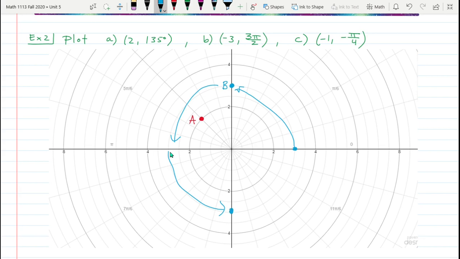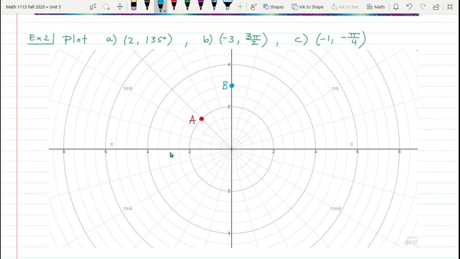But then the negative sign would throw me to the other side, leaving me there, because of that negative on the radius. So I could look at it as an absolute value number and just carry on with the procedure, but then at the very end I would have to compensate for that negative. Okay, hopefully that makes some sense.